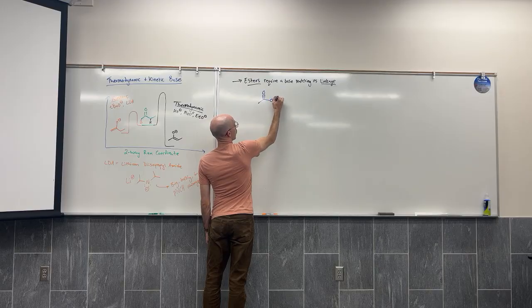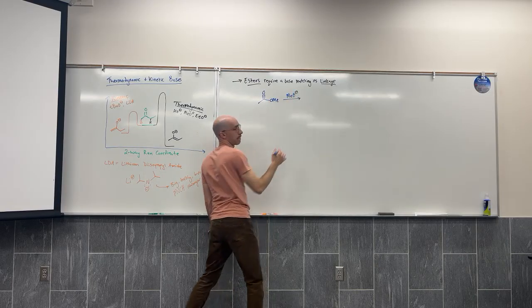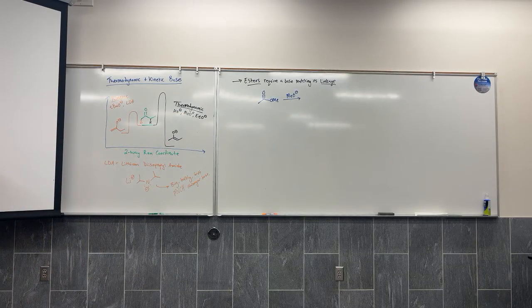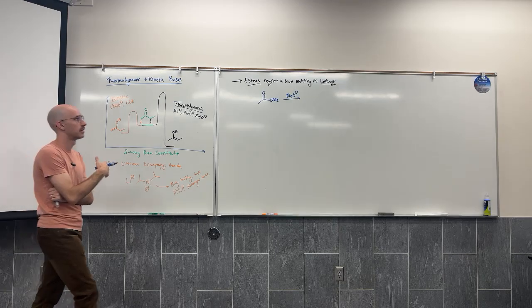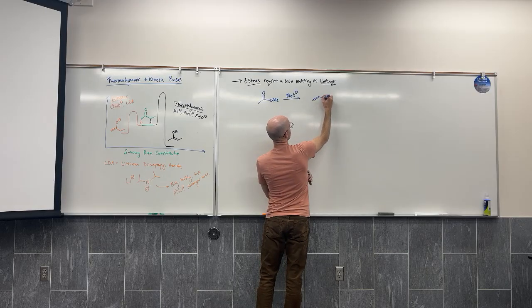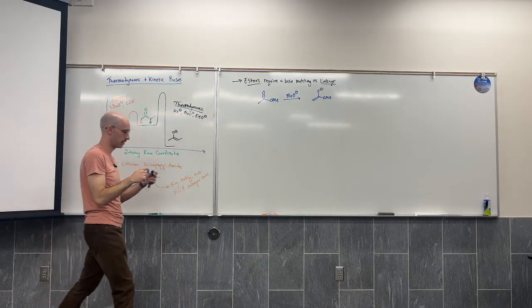That means if I'm working with a methyl ester, I'll use methoxide as a base. A methyl ester reacts with methoxide and gives us our enolates or our enols.